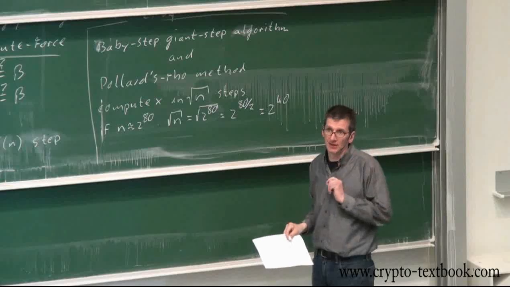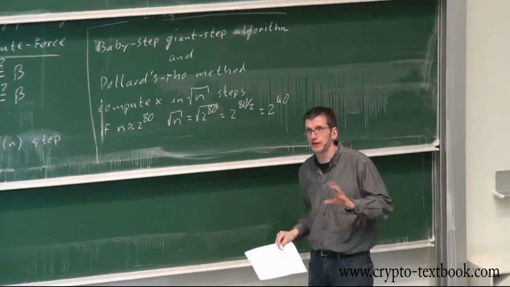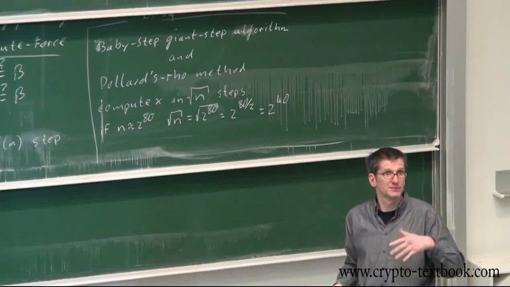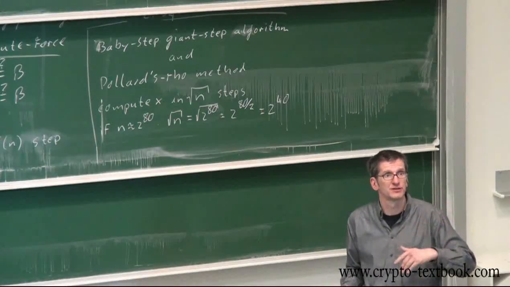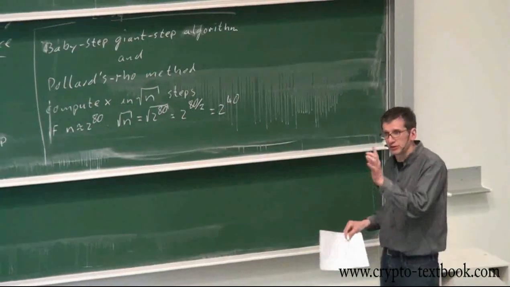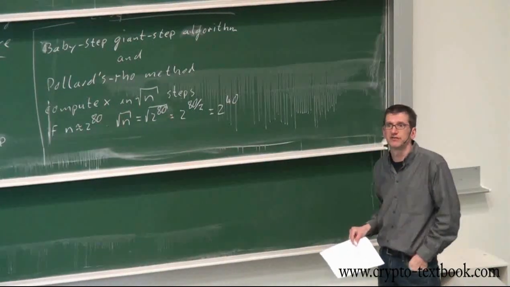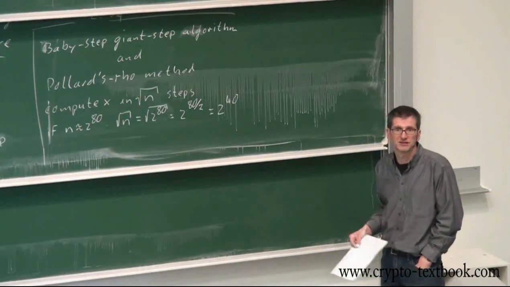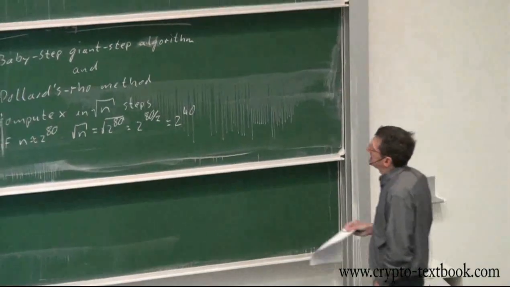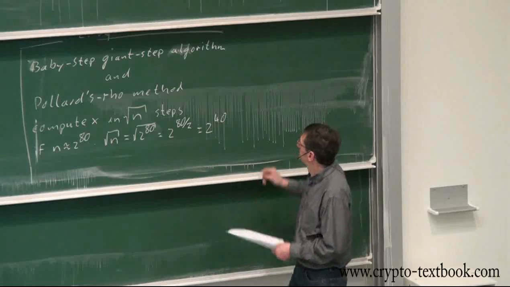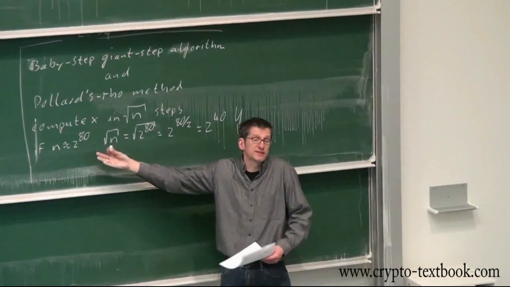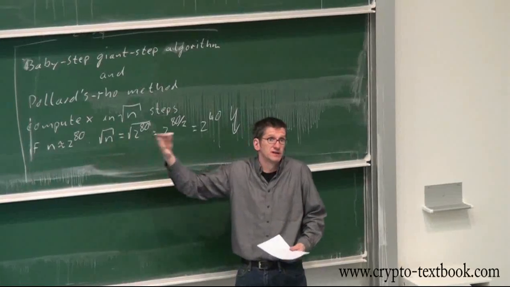And this you can do on your laptop. Your laptop can do between 2 to the 40 and 2 to the 50 loop iterations with a little bit of computation, probably in a few minutes on a standard 2 gigahertz Intel laptop. This is bad. That means 80 bits is too short because there are better attacks out there.